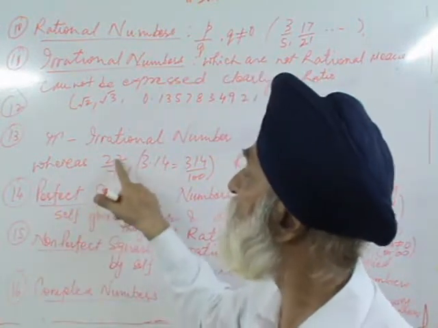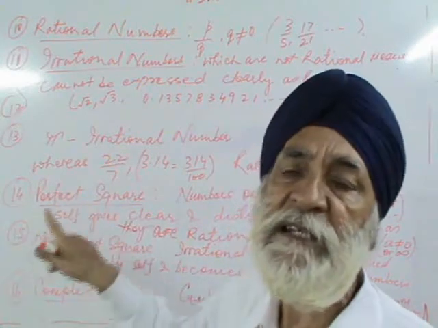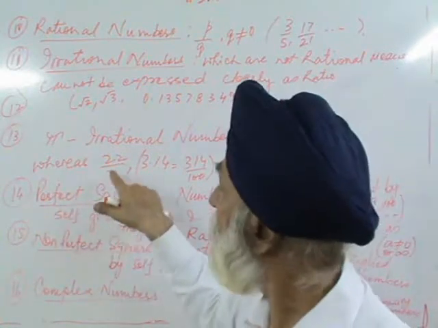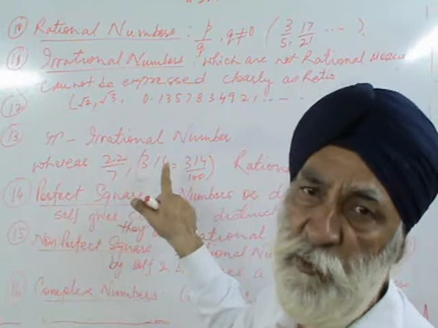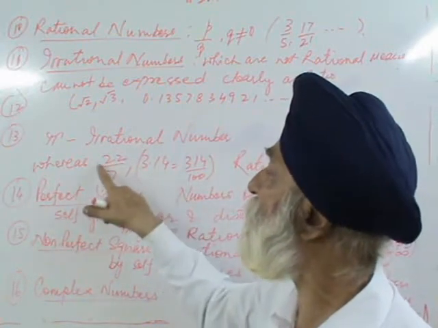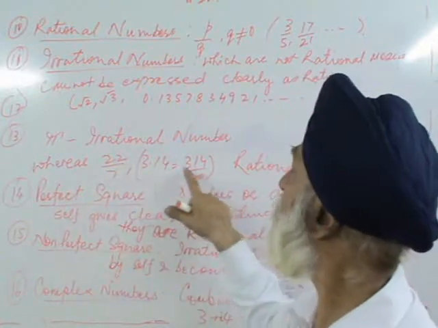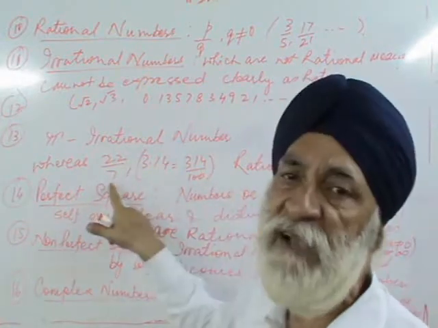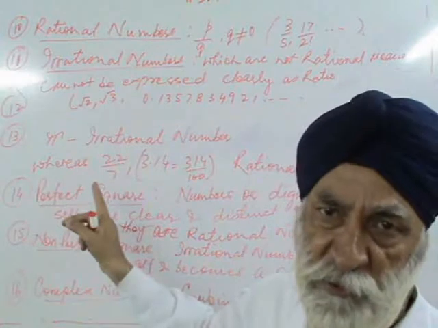Both can be written as fractions, where the denominator, the lower part, is never 0. So it becomes a rational number, that is 22 upon 7 or 314 upon 100, because 7 and 100 are not equal to 0.